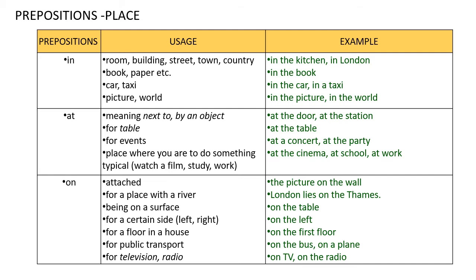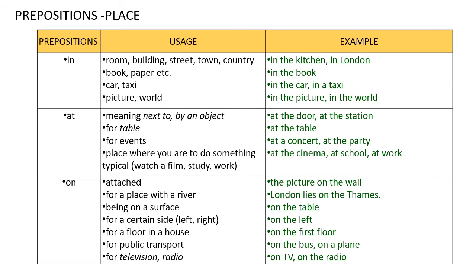On is used to denote something attached to, like the picture on the wall. On is used for a place with a river. London lies on the Thames. It is used to indicate being on a surface, like on the table. On is used for a certain side, like on the left.